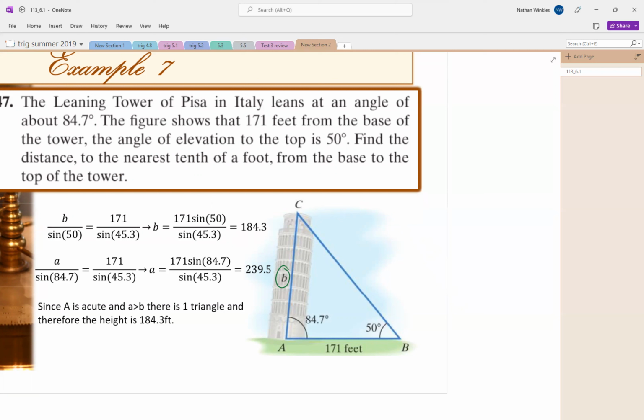So there are a few things that we have to check here. The first thing is, could we just find B straight up? Yes.